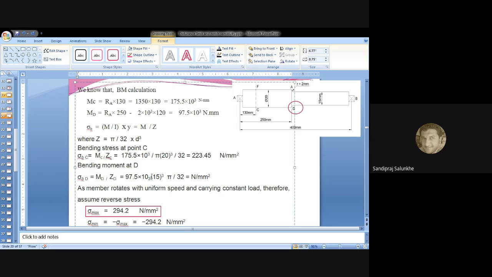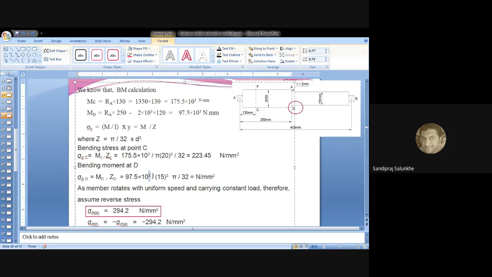So what value are you going to get for that? Now it is 97.5 into 10 raised to 3 divided by 15 cube into pi divided by 32.